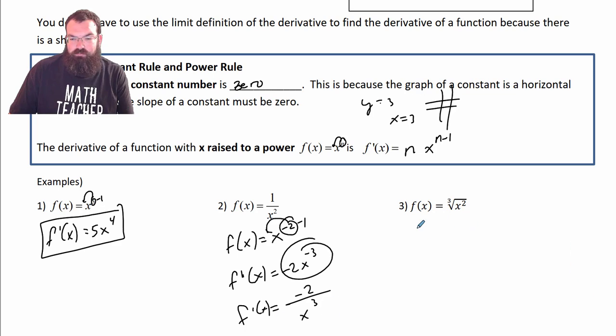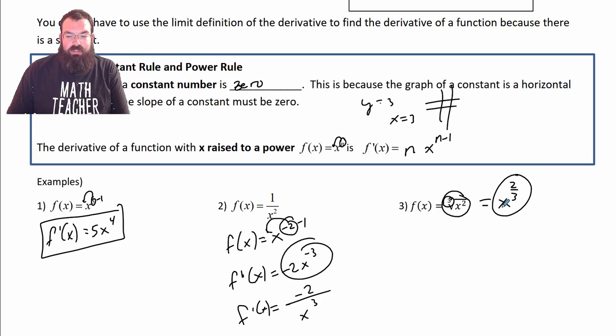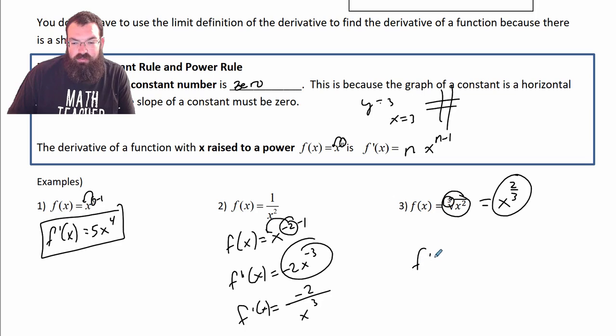That's okay. Number 3, we need to know how to write that in exponential form, which is x to the 2/3. The root is the denominator, and then the power on the inside is your numerator. So take that. I want to find the derivative.